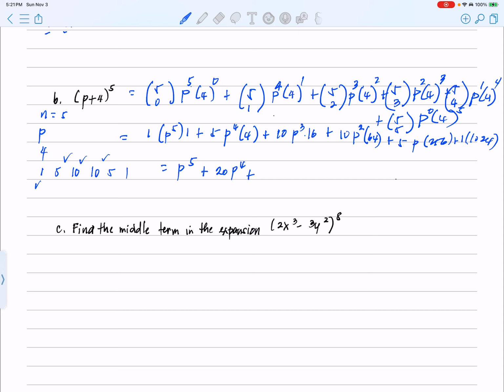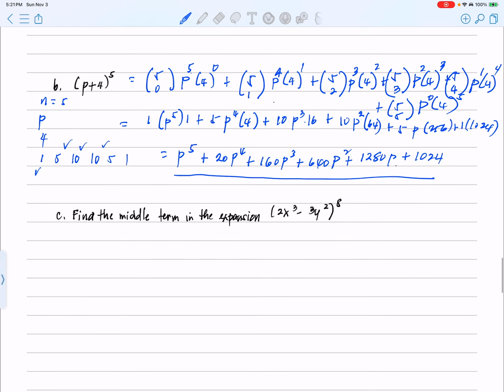Then 16 times 10, it's 160, P to the third. 10 times 64, 640, P to the second. 5 times 256, that's 1,280, P, plus 1024. All right. So this is P plus 4 to the power of 5.